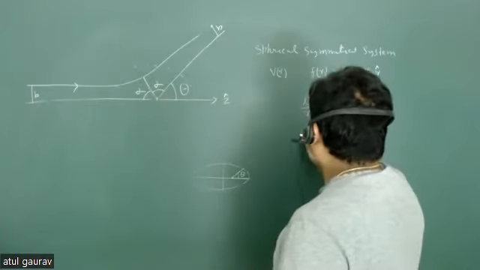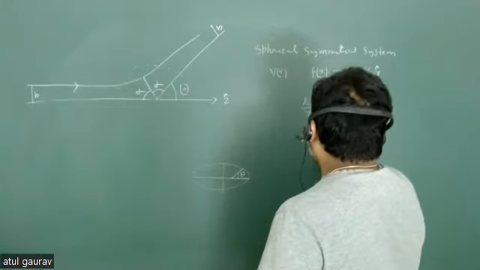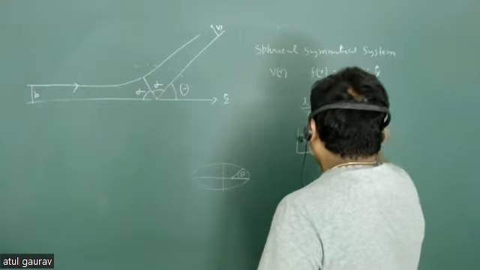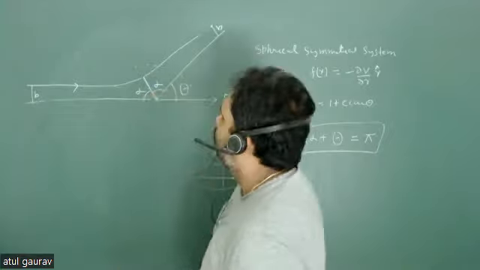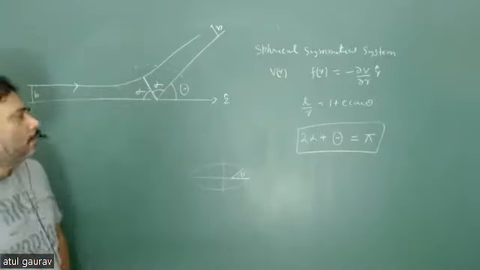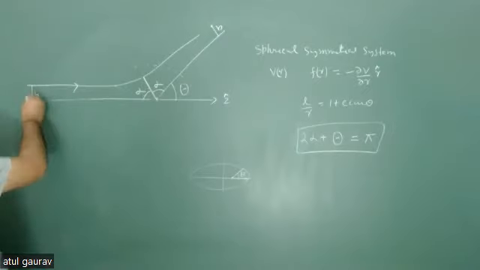Okay. So this is very important. So you have 2 alpha plus theta. Theta is what? Scattering angle must be equal to pi. And this is your R minimum. Now, and what is B? B is what? The distance from the reference line. ये आपका B है, जिसे आप क्या कहते हो?